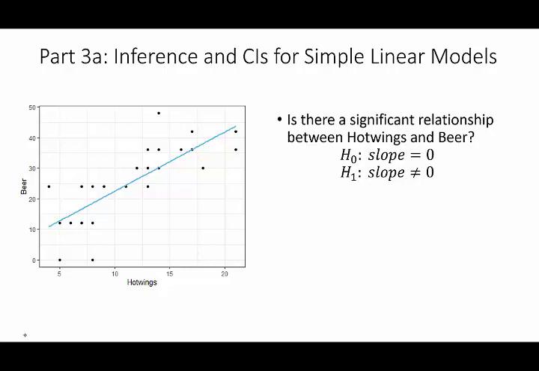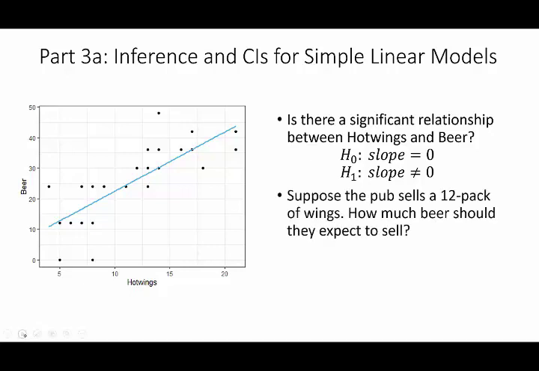The second class of questions we're going to be addressing in this video deals with confidence intervals, and we'll mainly get into, in the second part of this video, the relationship between confidence intervals and what we call prediction intervals. As a practical application of where you might see these quantities arise, let's suppose the pub sells a 12-pack of wings and they would like to know how much beer they should expect to sell.